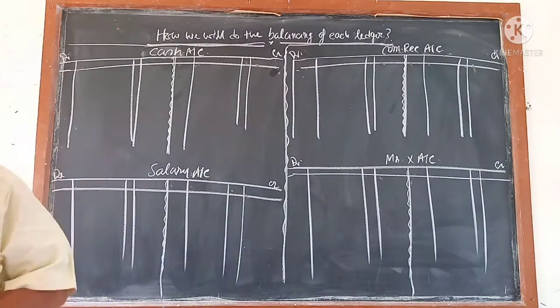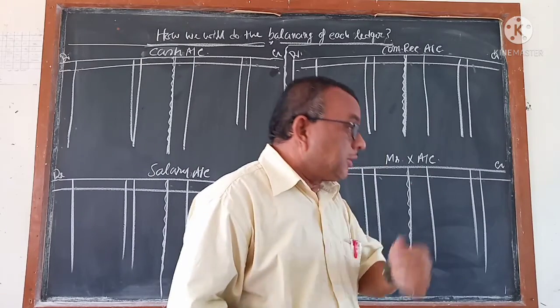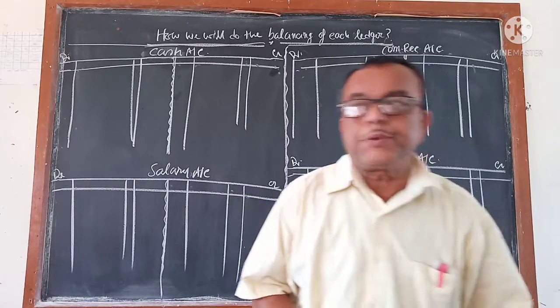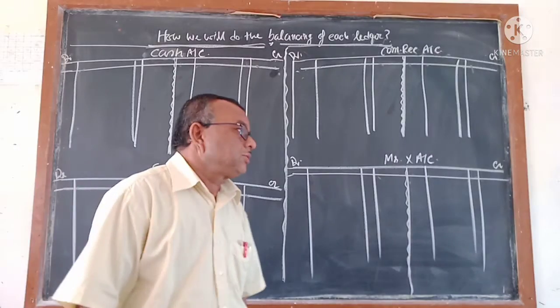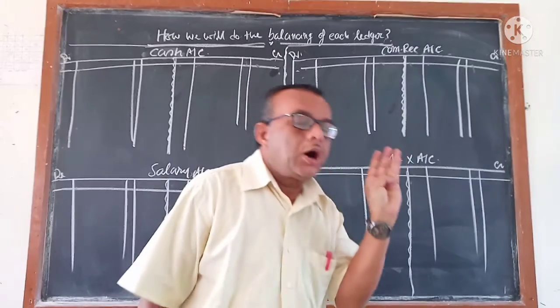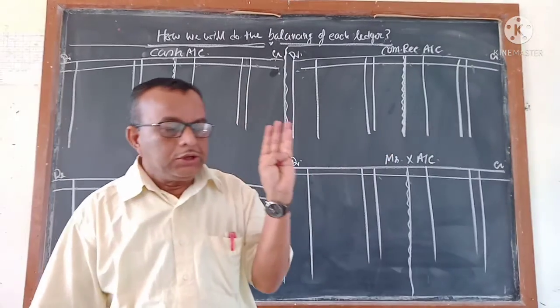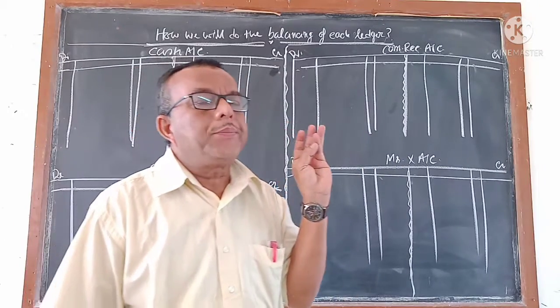This is the first step. The second step is how to do the totaling, and the third step is how to do the balancing.